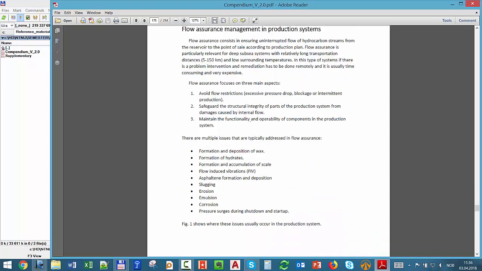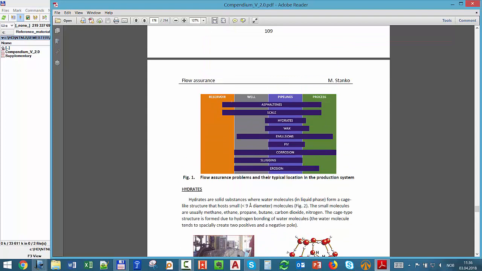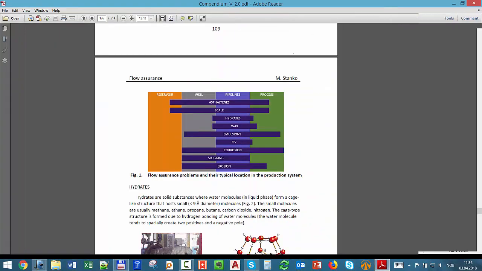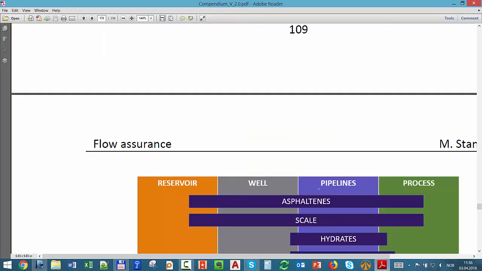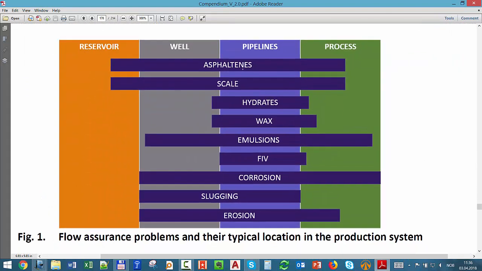And it goes through some of them. It also has an interesting figure to show where this flow assurance issue is affecting my system. For example, asphaltenes, you see they can go all the way from reservoir to process, also scale. Hydrates usually is when the temperature goes low enough, that is at the top of the well and pipelines and all the way to process. Wax, the same thing. Emulsions can cause trouble everywhere except the reservoir.